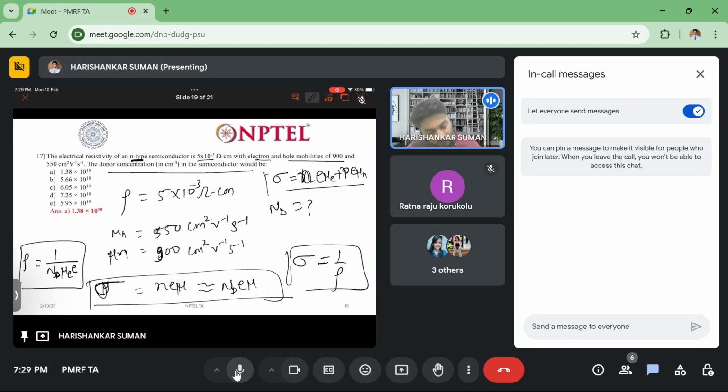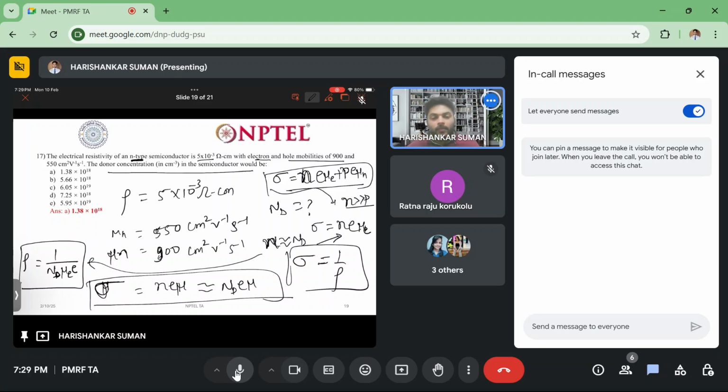But the material is n-type, so n is too high as compared to the number of holes, so you can use only this relation: small n equal to ND in this equation. So finally this equation.